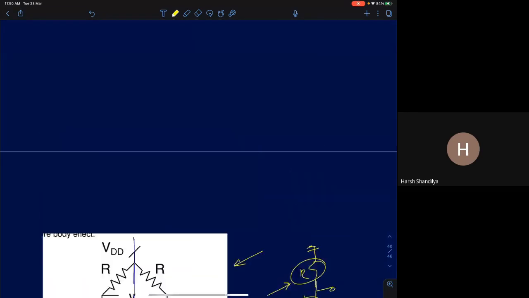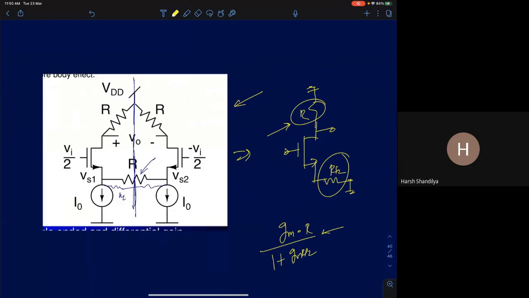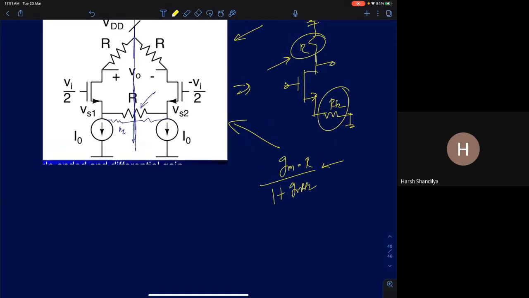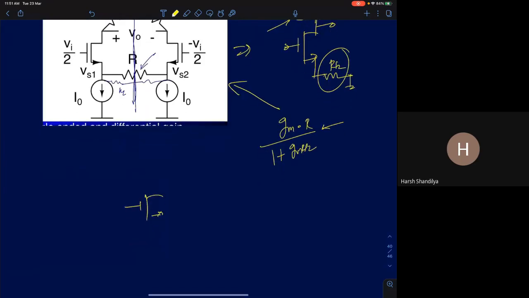So we have analyzed this circuit reasonably well. Now can you tell me what will be the common mode gain for this circuit? Follow the same approach. Look at it this way. You have a resistor R by 2 and R by 2.